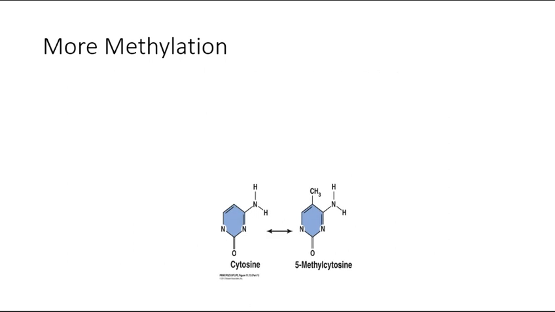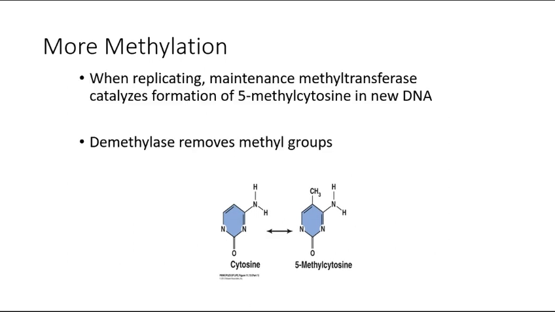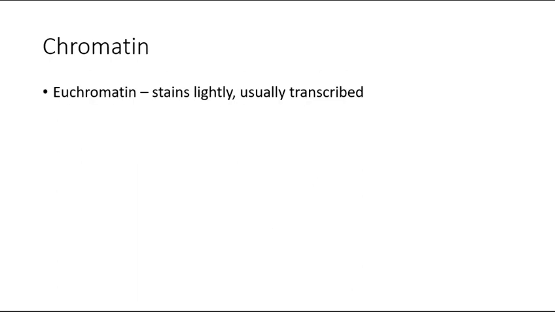More methylation. An enzyme called demethylase removes the methyl groups. Demethylase, you take it away. So again, something that can go backwards and forwards when we're looking at the overall picture of this.